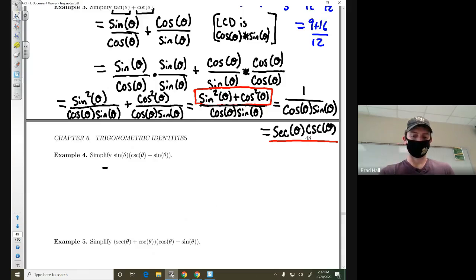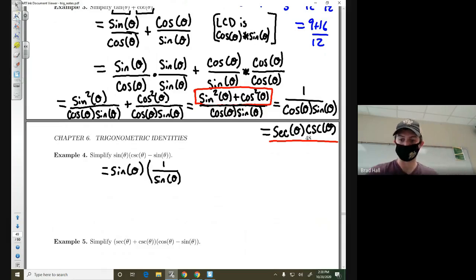But before that, let's convert everything to sines and cosines. Well, sine's already sine. And then I see an open parenthesis, cosecant of theta. How do we convert that to sines and cosines? It's 1 over sine. So that identity needs to be ready.